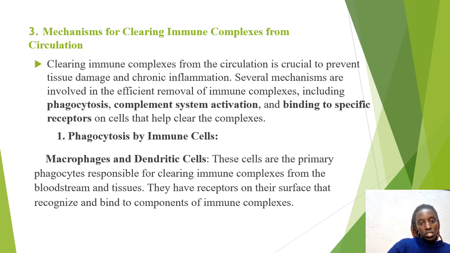Phagocytosis, as we know, is the engulfing of foreign substances by these immune cells. These cells are the primary phagocytes responsible for clearing immune complexes from the bloodstream and tissues. They have receptors on their surface that recognize and bind components of immune complexes.